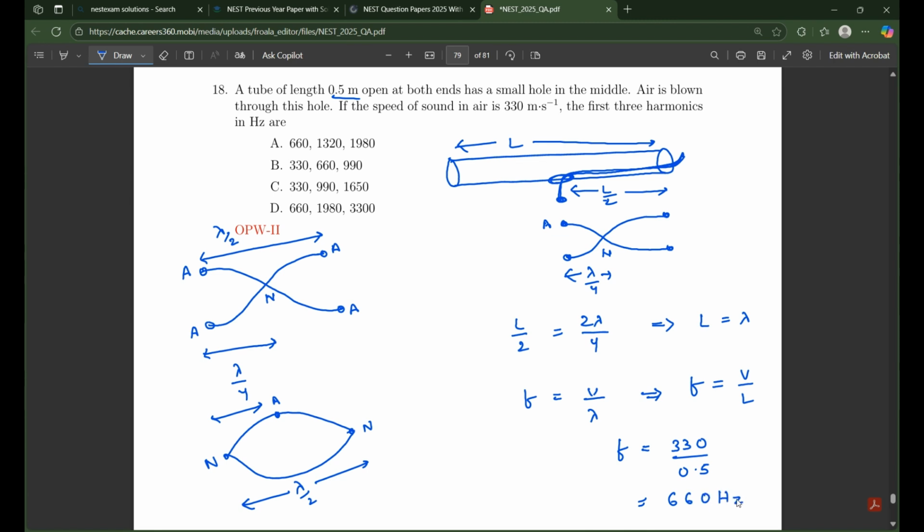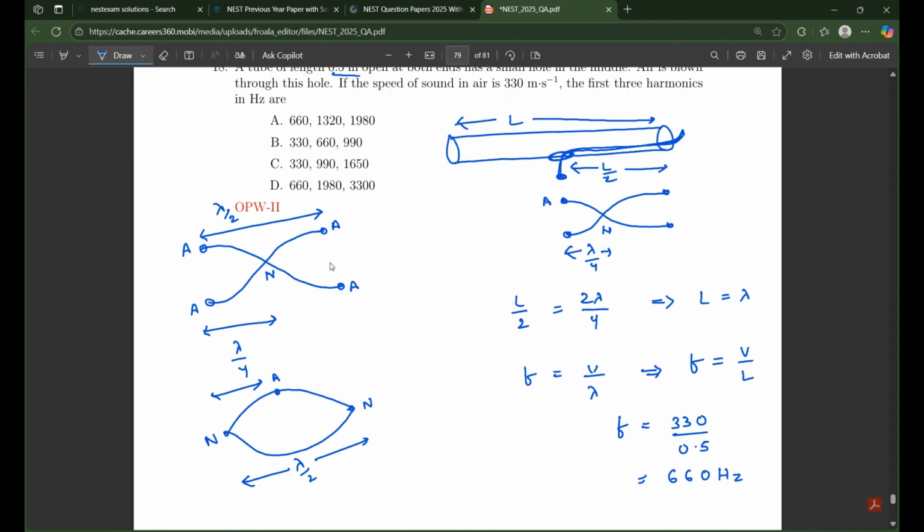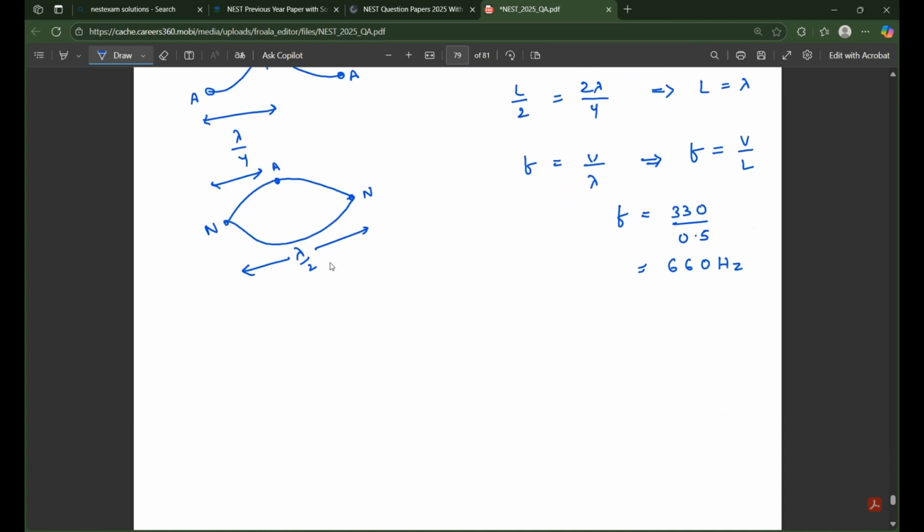So the first or fundamental frequency is 660 hertz.